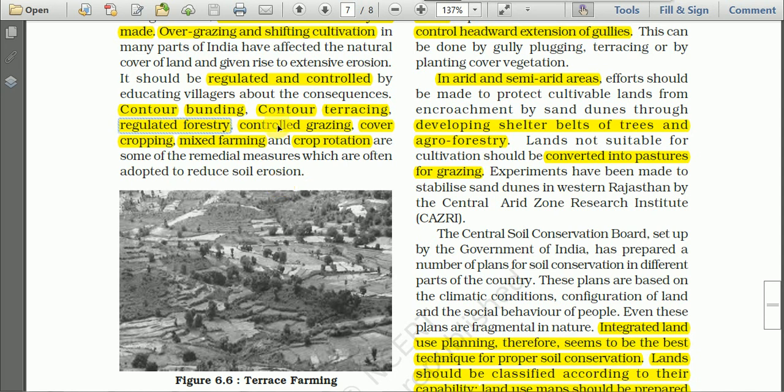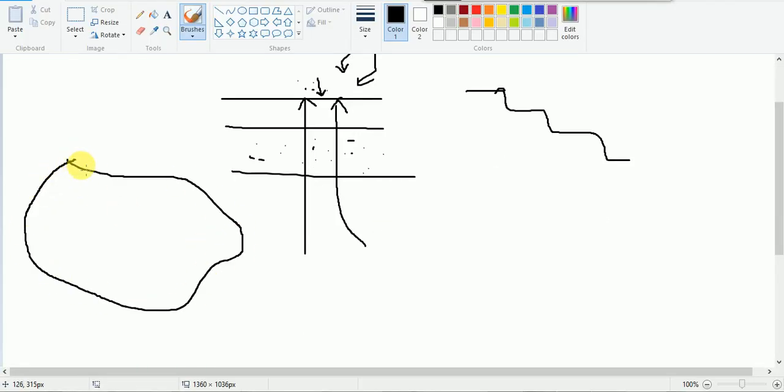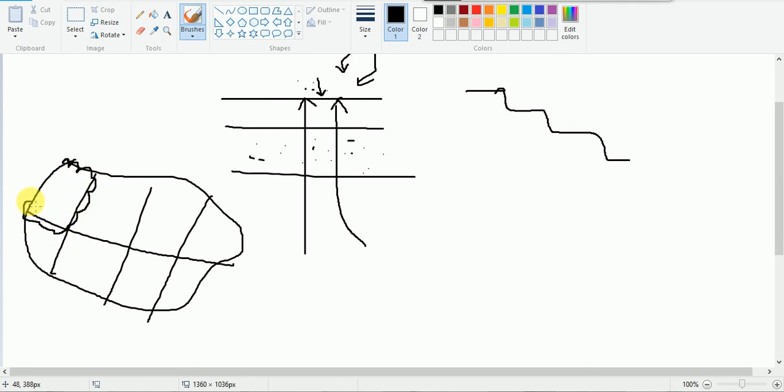Then controlled grazing. How to do controlled grazing? See, for example, this is a pasture, a grassland. We have to divide this grassland into different sections like this, and here we have to do fencing using barbed wire. This is the first compartment, so we can graze our animals here.